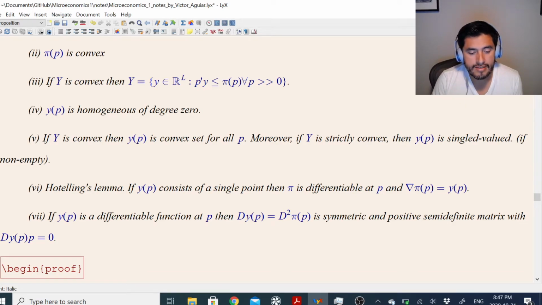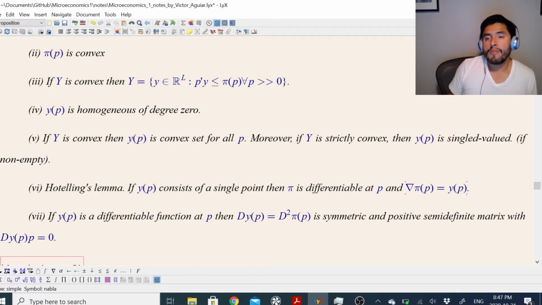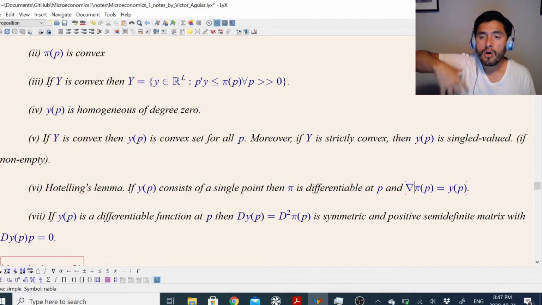Hotelling's lemma: if the supply correspondence is a single point, so a supply function, and the profit function is differentiable, then if I take the gradient of the profit, this is equal to the supply function, which is great, right? Because it shows that this is a huge reduction of dimensionality. You have a huge vector of hundreds of outputs, hundreds of inputs.